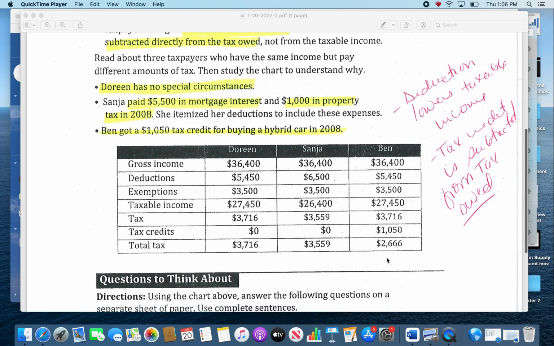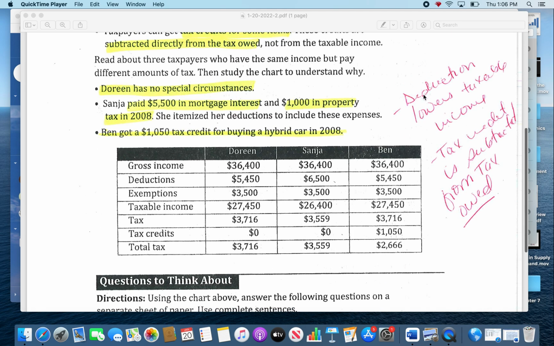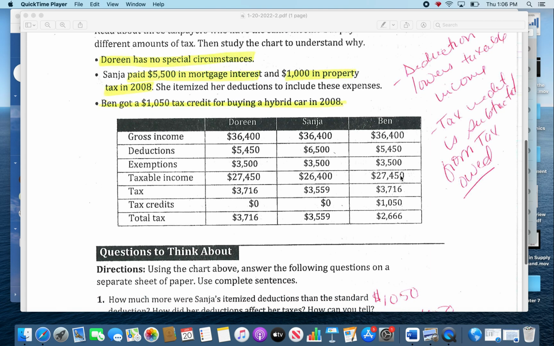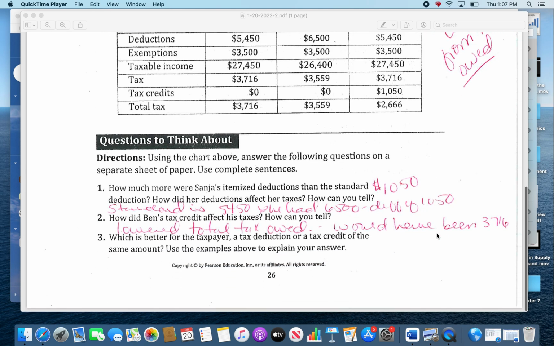So he only has to pay the $2,666. And so I wrote me some notes over here. Deductions lower taxable income. Tax credit is subtracted from the tax owed. So really the tax credit is much more beneficial to you, but obviously they're giving you a $1,050 tax credit for buying a car. So your car payment and the car is going to be a lot more expensive than that, but still, if you're in the market and you do that, then good for you.